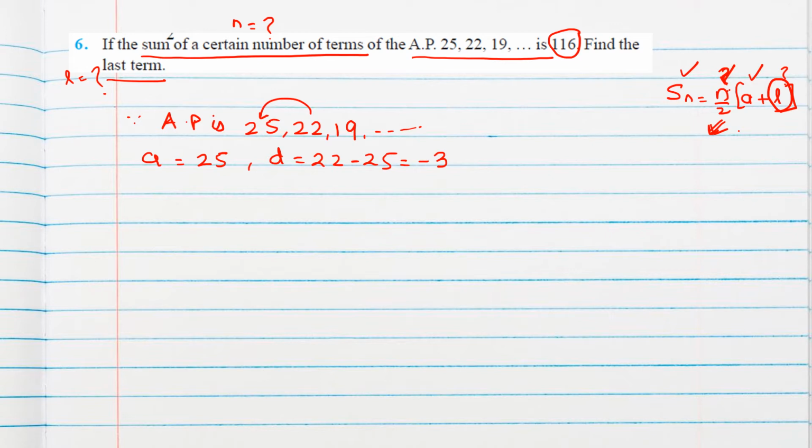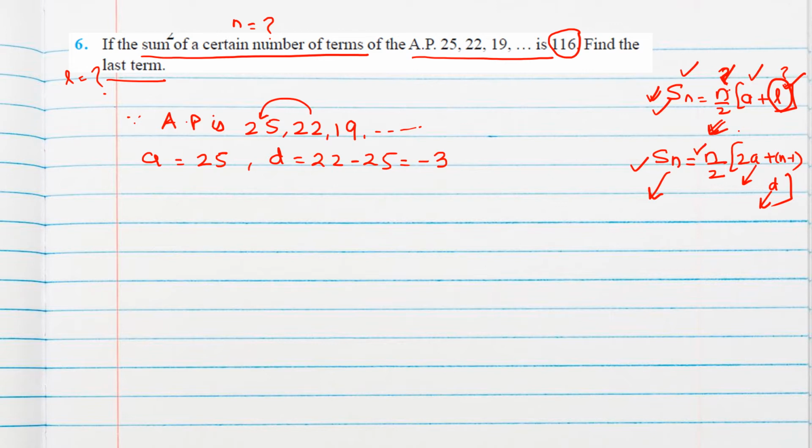So we will use the basic formula first, because in the basic formula L is not there. That is n by 2 (2a plus (n minus 1)d). S is given, a is given, d is given. So from this formula we can find n, and after knowing n we can substitute the n value in the other formula to find the last term. So both sum formulas will be used in this particular question: first the basic formula, then the derived formula with a plus L.